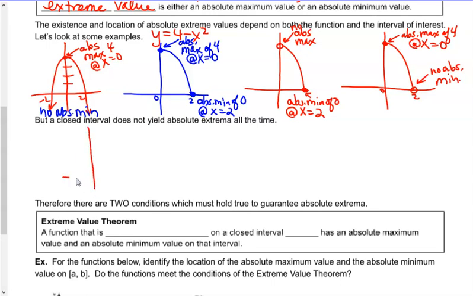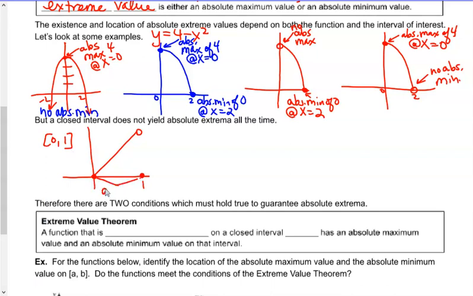If I look at a graph, say I'm including here the origin, I have a linear graph where I'm not including that point, but I drop that point down here on the axes. So I do have a closed interval, say from 0 to 1. Here, this is a closed interval from 0 to 1, but I do have absolute mins.